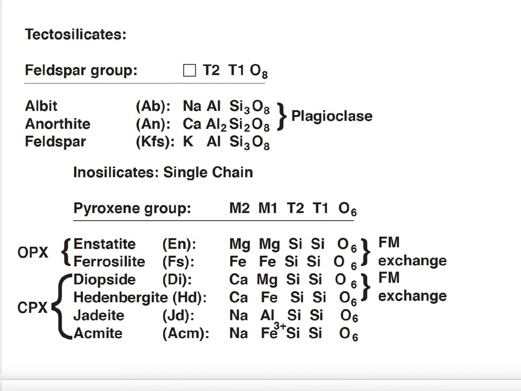So we have the jadeite, we are putting sodium instead of calcium on the M2 space, and you know sodium has a large ionic radius. But now sodium has only one electron in the outermost rim. What are we doing now? We are putting, instead of magnesium or iron, aluminium.